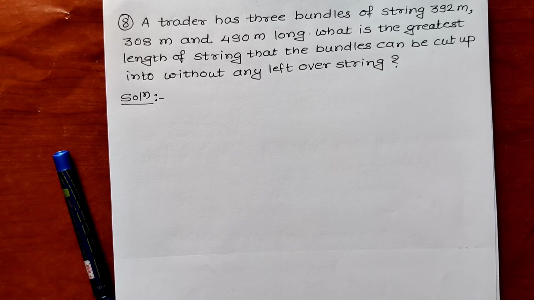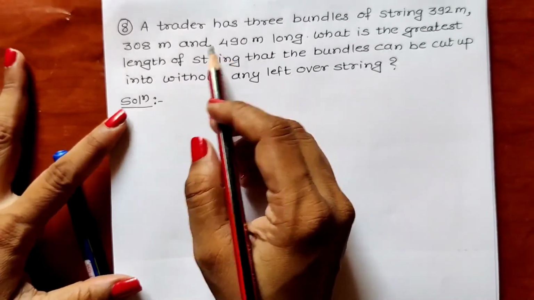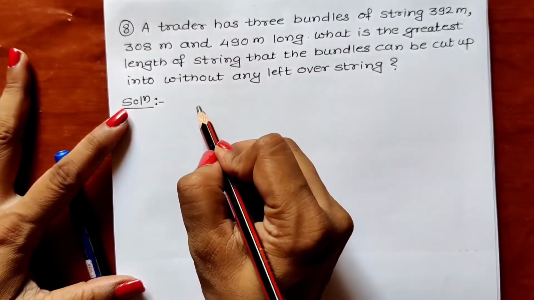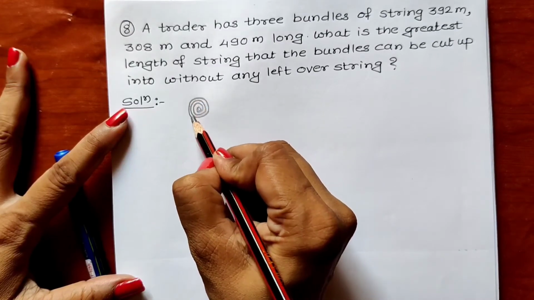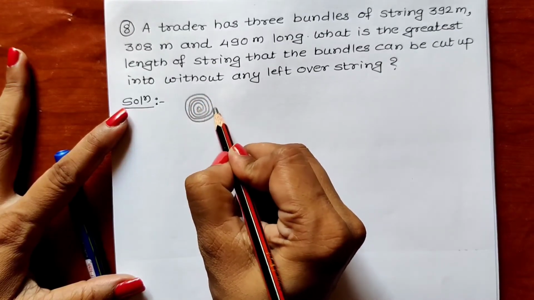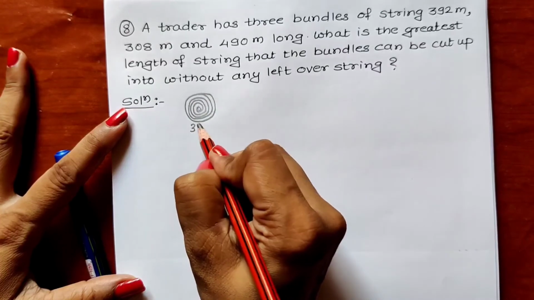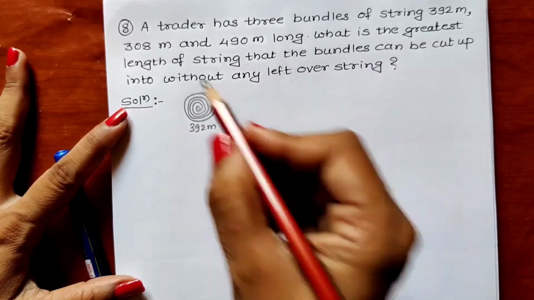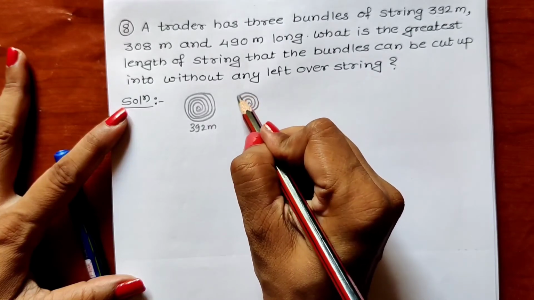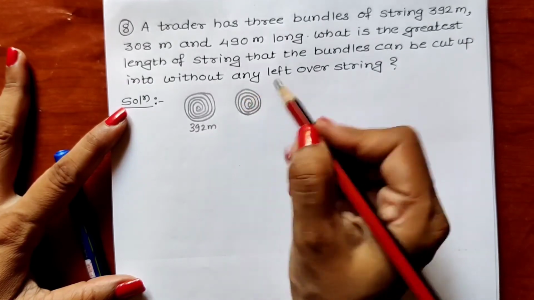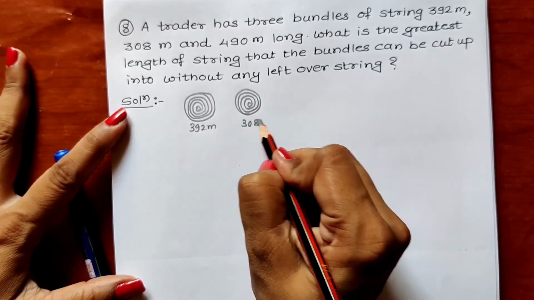As we have given 3 bundles, first bundle is of 392 meter. For example, if I draw a bundle like this, this is a bundle of a string which is of 392 meter. Then there is a bundle of string which is of 308 meter.